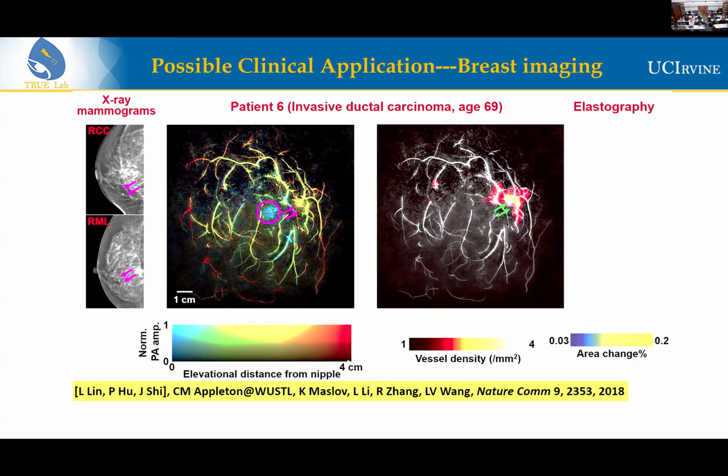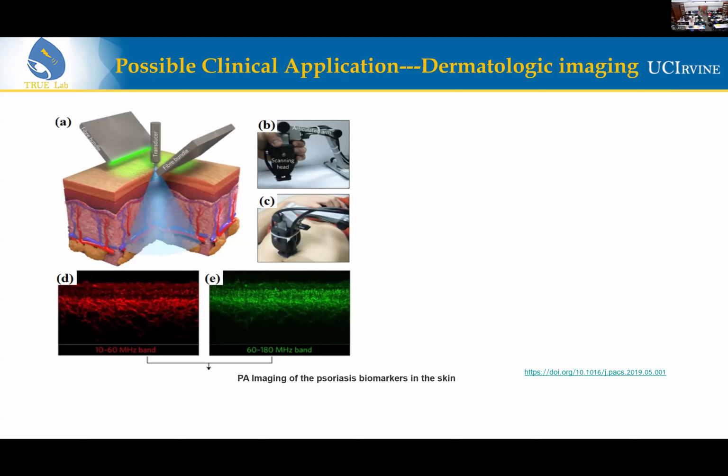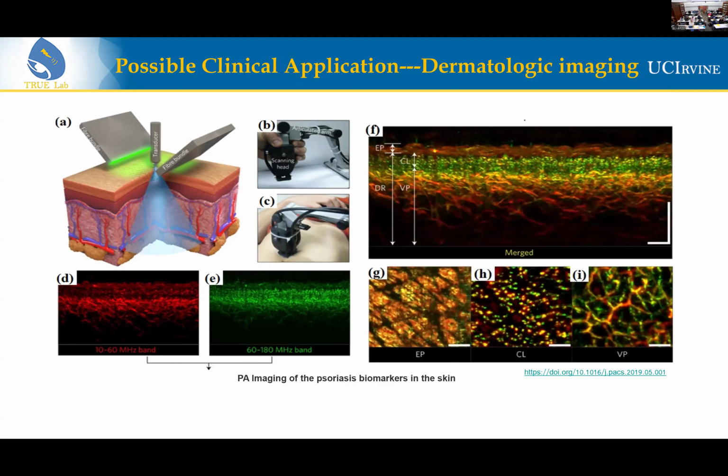Another possible application is dermatology, because there's port-wine stain and a lot of skin problems. You want to look at the microvessels under the skin. There's one group in Germany doing a lot of this with patients.